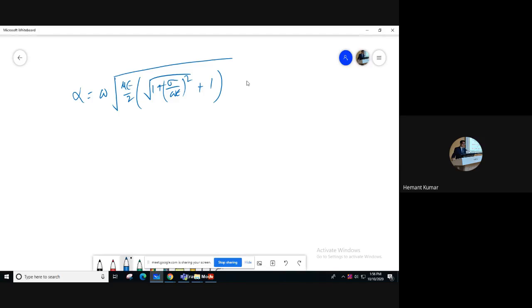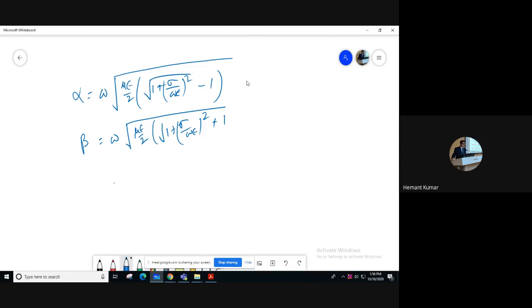Here it is a minus 1, right? And similarly we have beta equal to omega times the square root of mu epsilon by 2, times the square root of 1 plus (sigma upon omega epsilon) squared, plus 1.